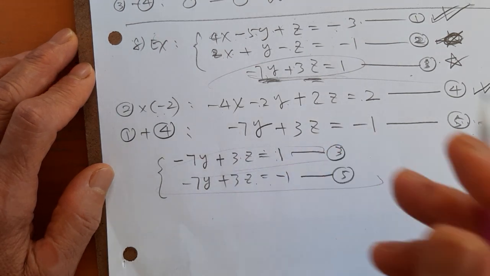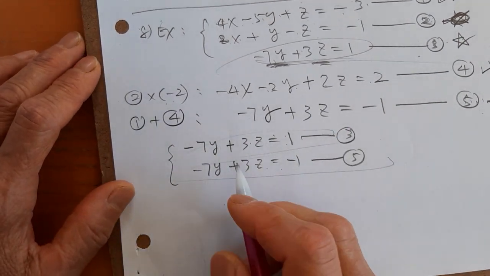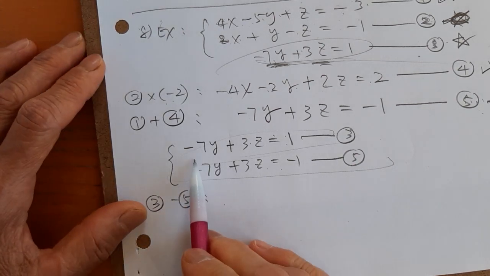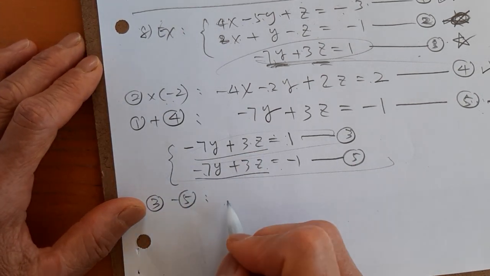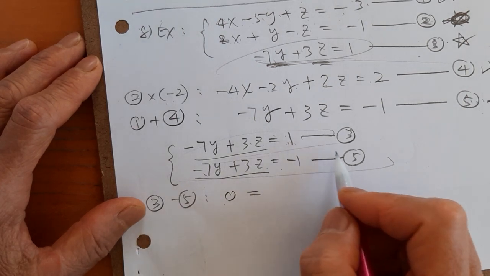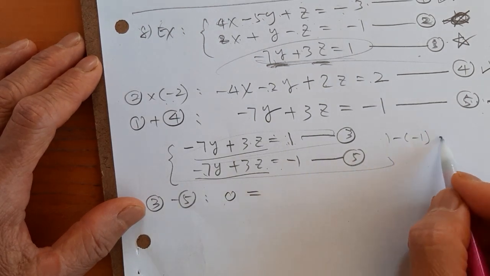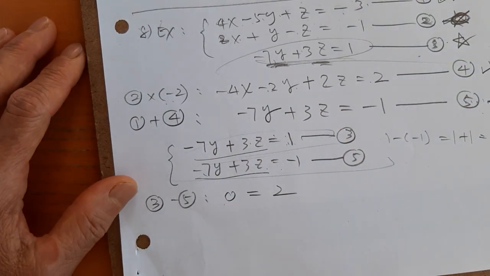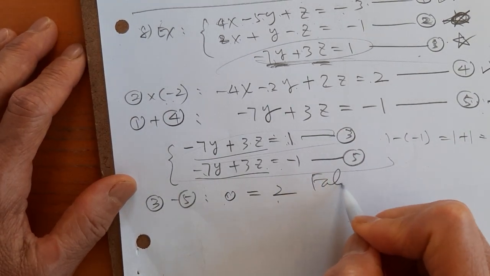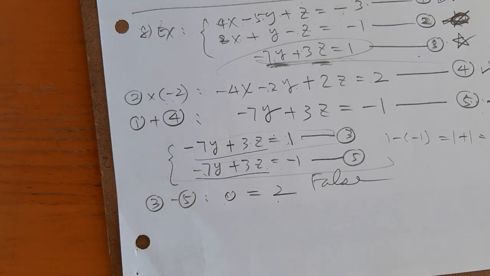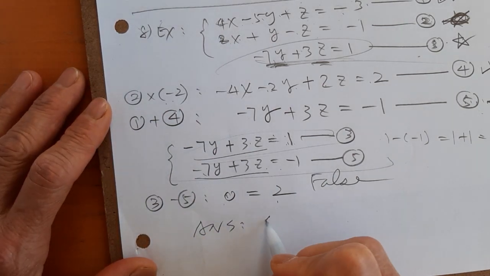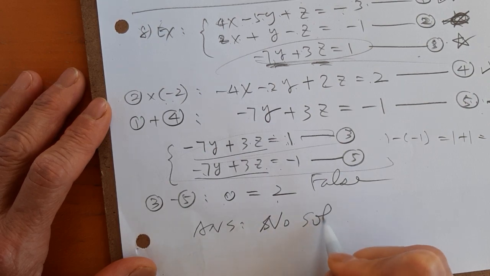The two equations, you can subtract. The left side is the same, so subtracting gives 0. The right side is 1 minus negative 1, which is 1 plus 1, which is 2. So 0 equals 2, which is always what? Always false. So for this question you say no solution.